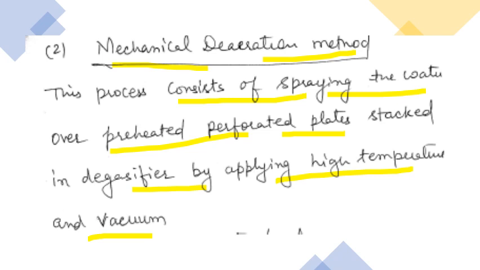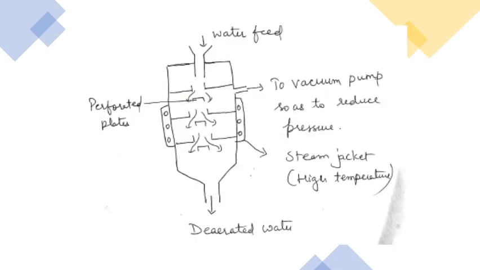Let's see the diagram. You can see the equipment here for the mechanical deaeration process. We have a tank with steam jackets, which provide high temperature to the water, and from the upper side we feed the water inside the tank, which has perforated plates.